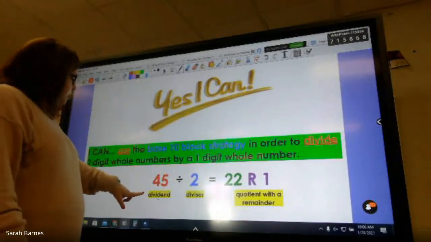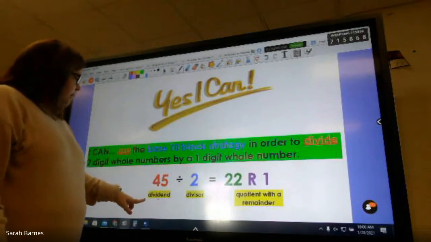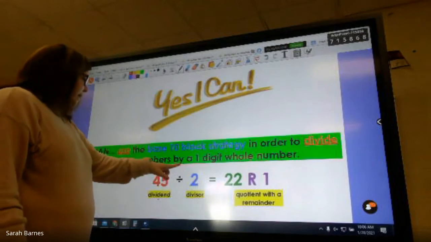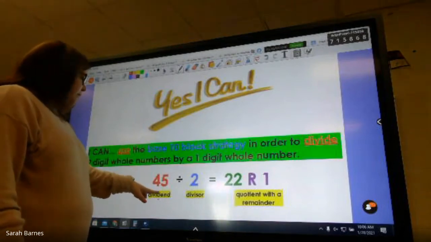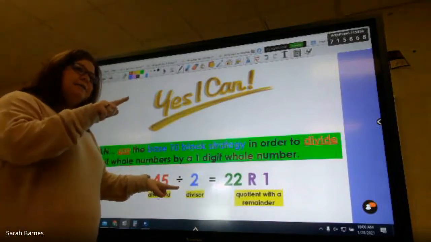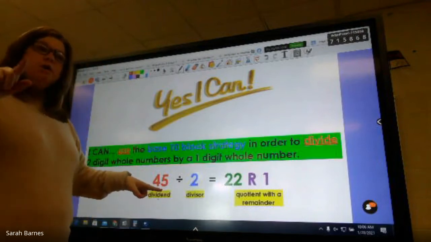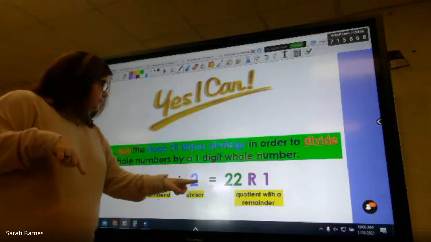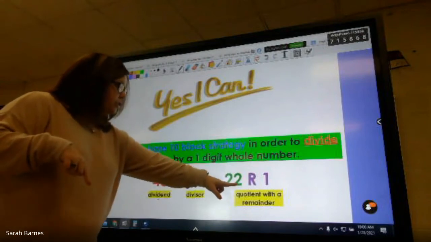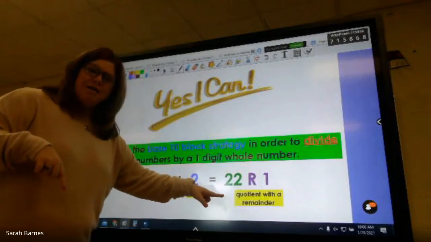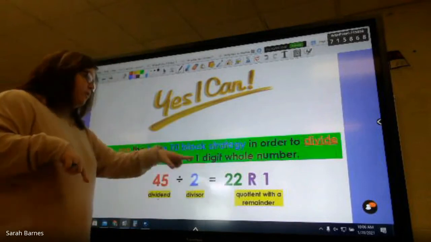So let's review one more time. This is our dividend. This is our divisor. This is the number that is divided into the dividend, and it's the number of circles that you will see us make today. Okay? 22 remainder 1 is the quotient or the answer, and that happens to have a remainder.